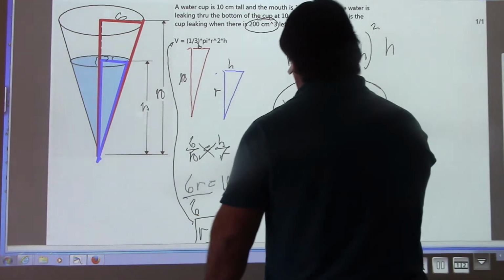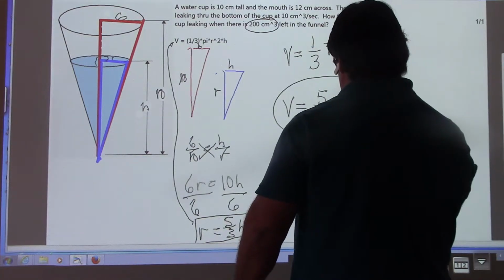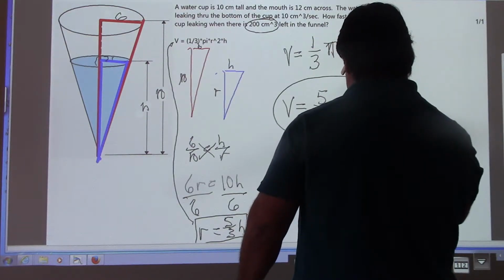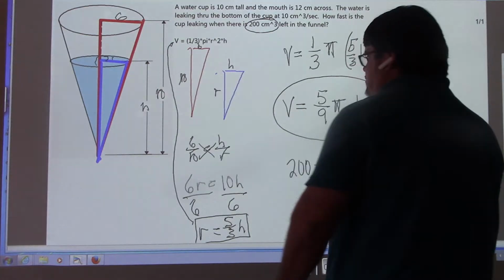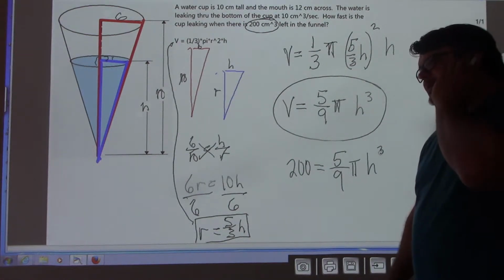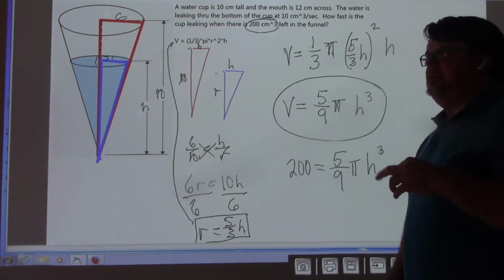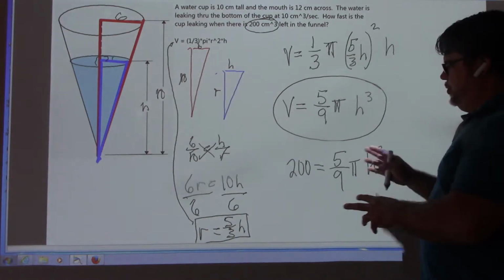So 200 is equal to 5/9 pi times H cubed. This would be like in the shadow problem and the ladder problem, like finding your hypotenuse or one of your sides.